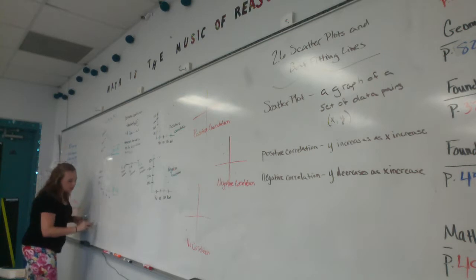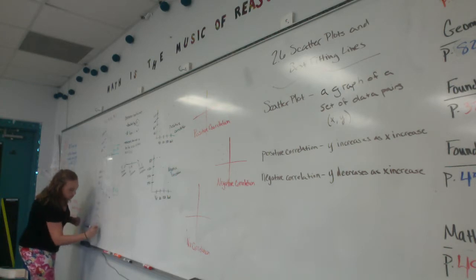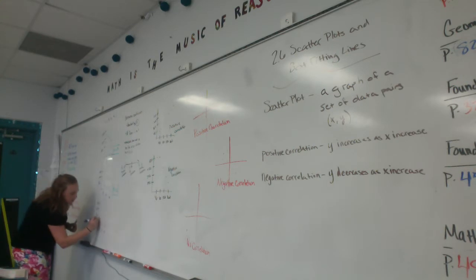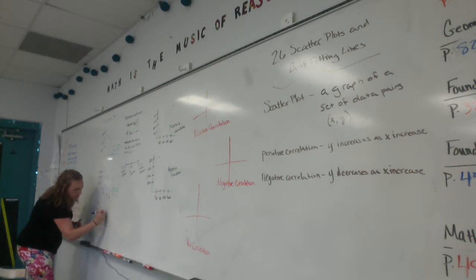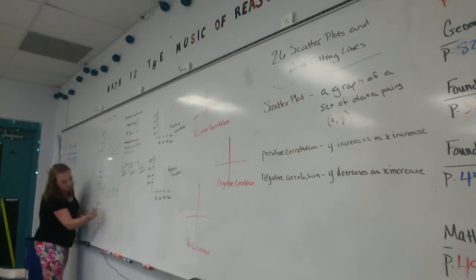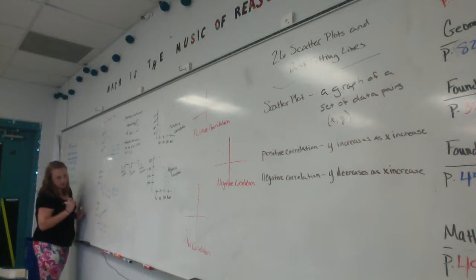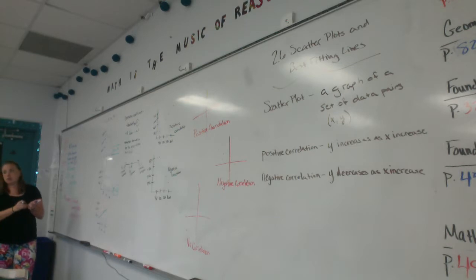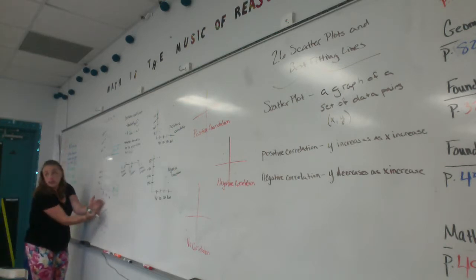Okay? And one that would be a positive would look something like this. So if I have data that looks like that, I can almost draw a line through this stuff, right? Would that be closer to 0.5 or closer to 1? 1, because that data is really close to that line.